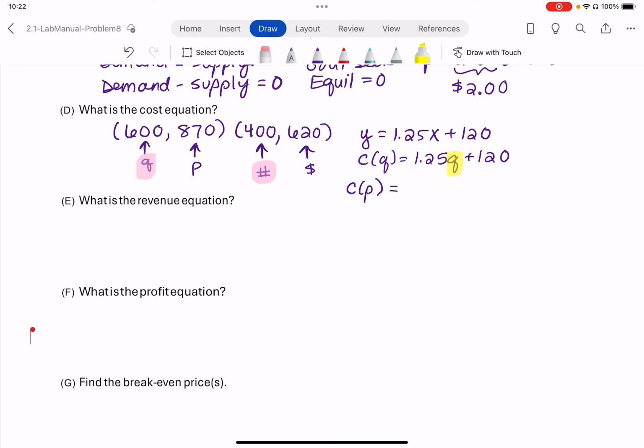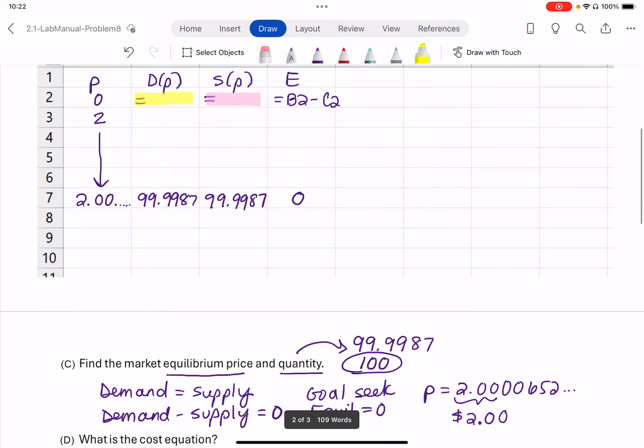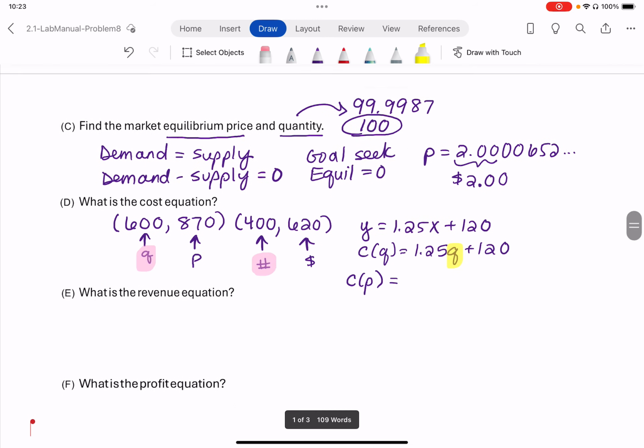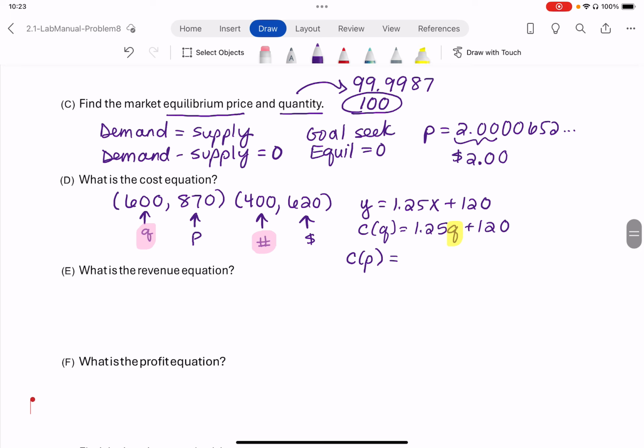Remember, you can't just swap it from Q to P, but what I can do is use this demand function that's highlighted in yellow as a swap for that Q. So that's going to be 1.25, and then take out the Q and swap in that demand, which is a quantity, by the way, but it's in terms of P, so that gets us the P variable in our function. Now we have our C of P.